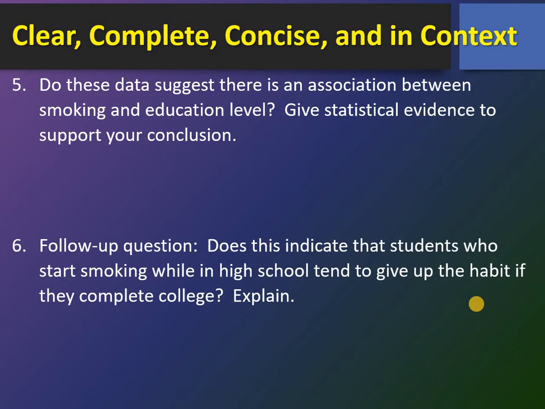And I want you to look at that last sentence. Give statistical evidence to support your conclusion. That means, give me numbers. Do you understand what I'm talking about? So, you've calculated your probabilities broken down.